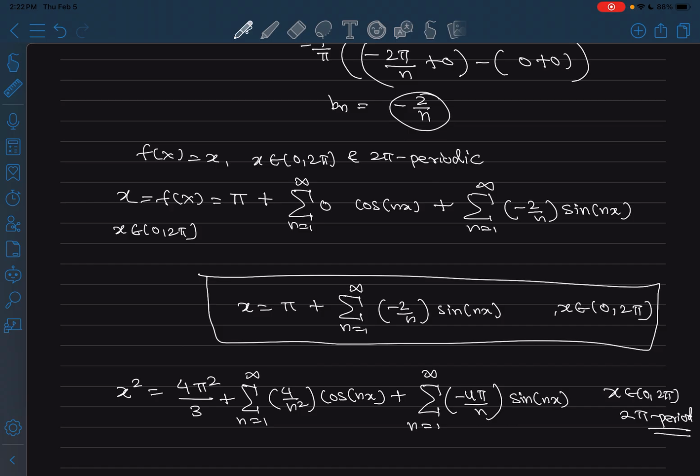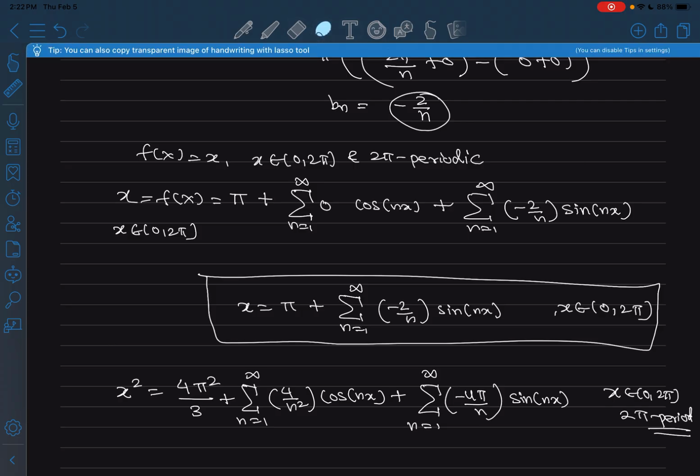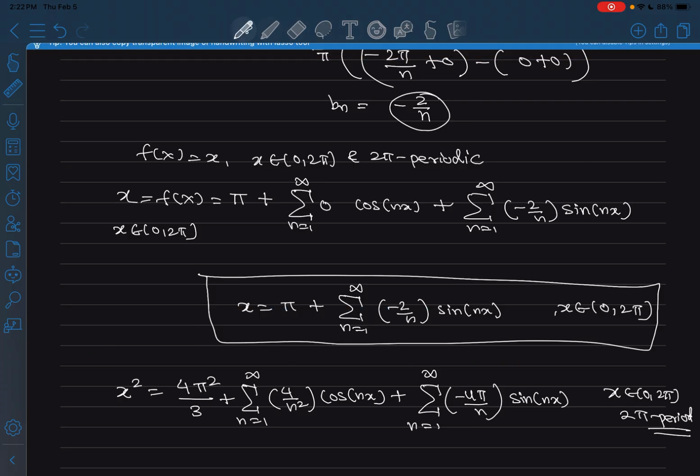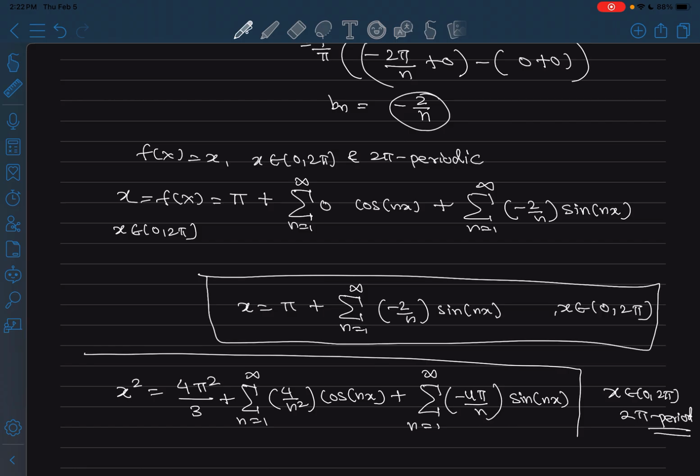Okay, this will be our b sub n. Yeah, you can also get this using the same idea. It just takes some time. So that's why I did it beforehand, and now I'm presenting it to you.